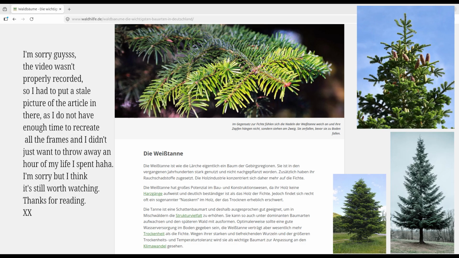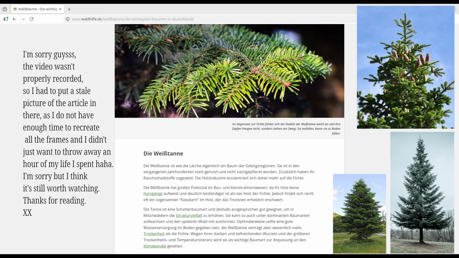Let me just check: wird weiß mit S oder ß geschrieben. I think this is the general correct form, and I already wrote it, so that is correct. But sometimes it's written with this. So this is just to whiten something. But yeah, this is not what we need right now.